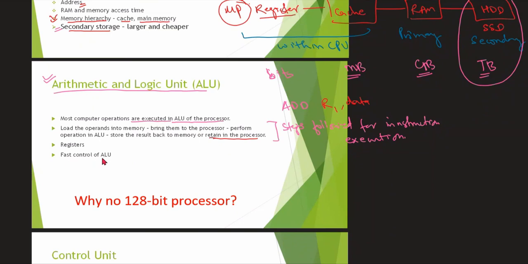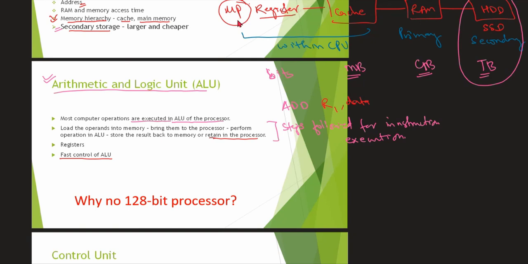The arithmetic and logical unit, ALU, is going to have faster control if we are using the registers. So it is preferred to use register operations for performing ALU operations so that we can have faster ALU operations. If we fetch the data from memory, it will take more time.